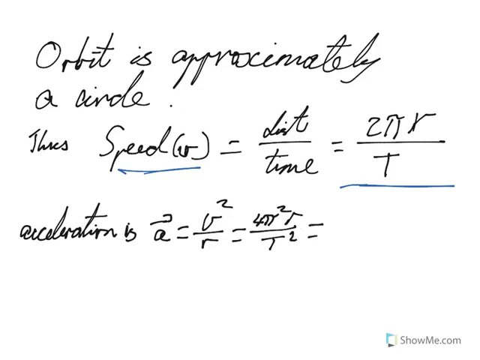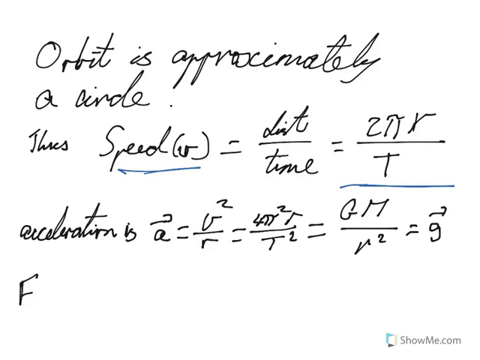And if it's orbiting a big central body, then the acceleration would be big G, big M, the mass of the central body, over r squared, where r is the orbit radius, which of course we know as g, the gravitational field strength. So we can use any one of those depending on the information we've got.